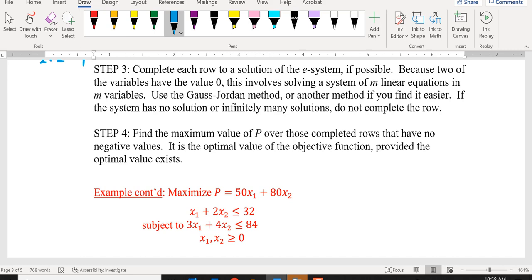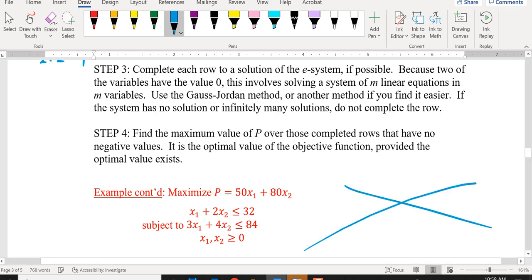Step 4, find the maximum value of P over those completed rows that have no negative values. If you get a negative value for a slack variable, what are you going to do to the row? Cross it out. That is the optimal value of the objective function, provided the optimal value exists.